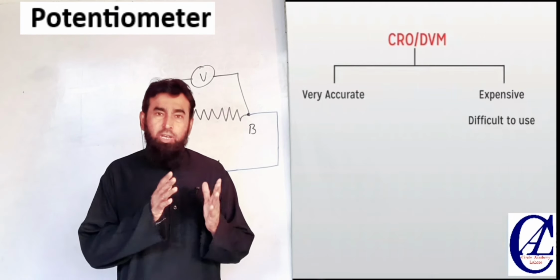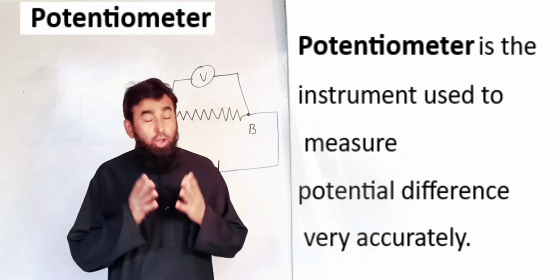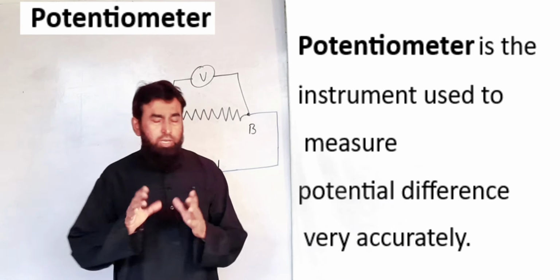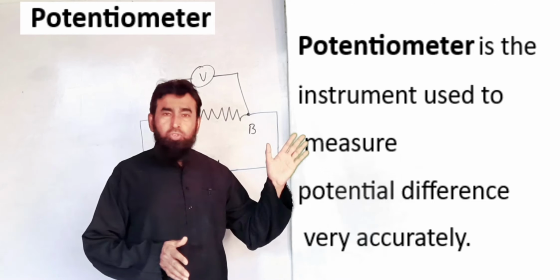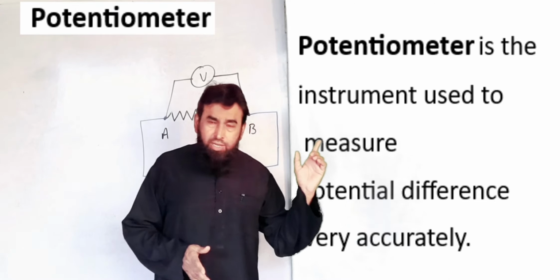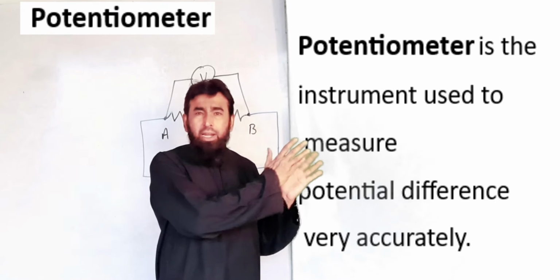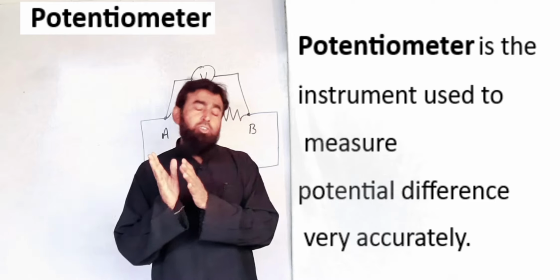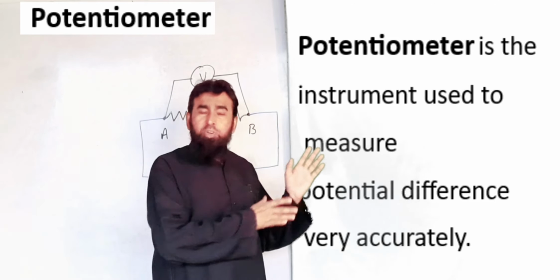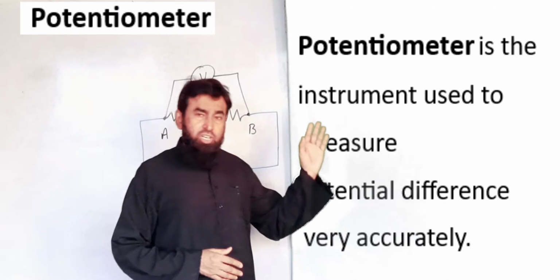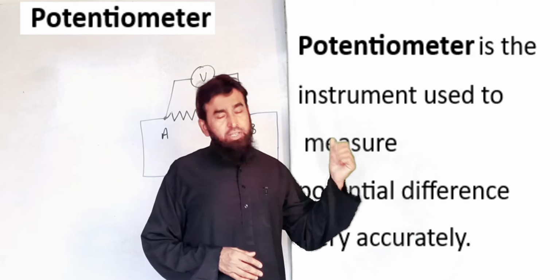Now, that's why we come to the potentiometer. To define the potentiometer, we will say that the potentiometer is used to measure the potential difference very accurately. Although the voltmeter also measures the potential difference, the potentiometer measures it very accurately.